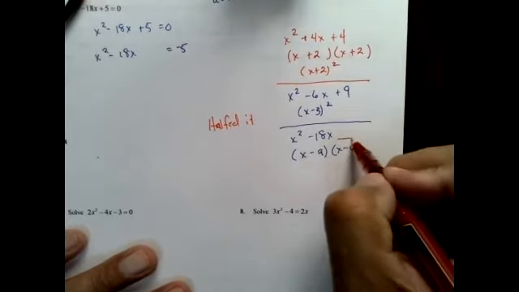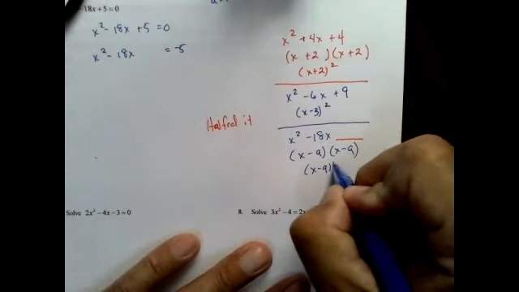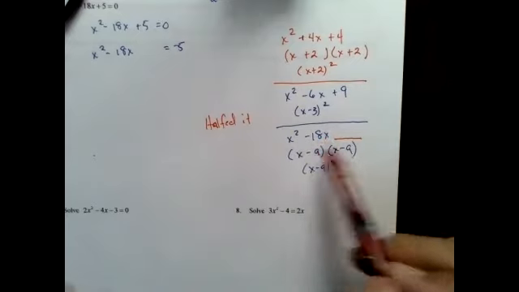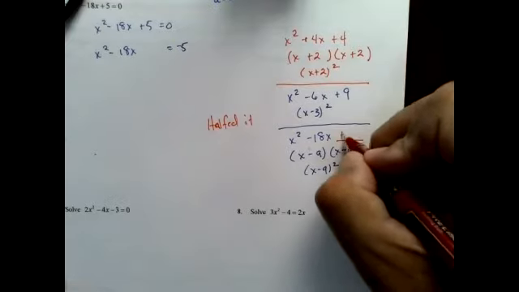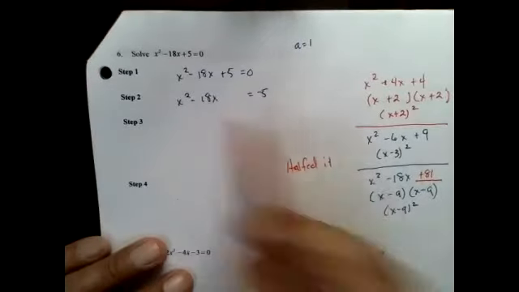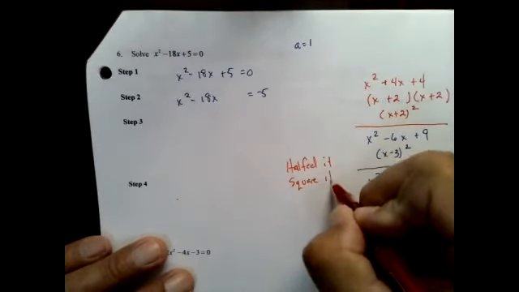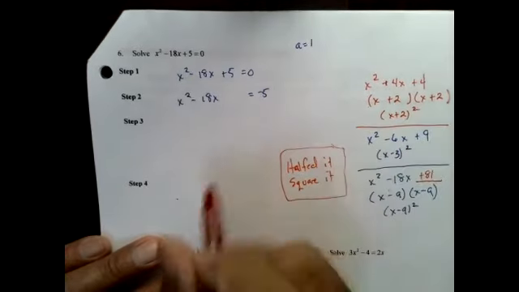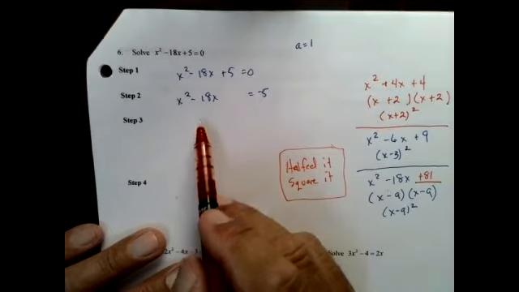Because once I know what this number is, I can go, woohoo, I have a perfect square. What's negative 9 times negative 9? Is it positive 81? Excellent, positive 81. So that means I'm going to come back up to my equation. I'm going to do what I call half it, square it. I'm going to take the negative 18, I'm going to cut it in half, which is negative 9.